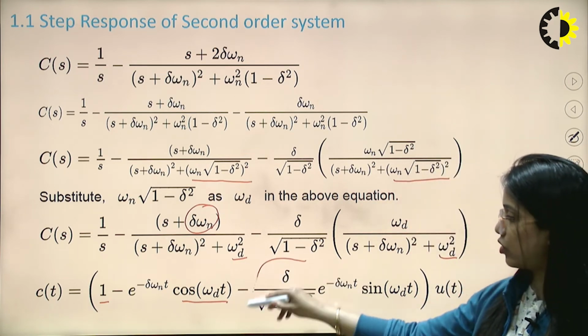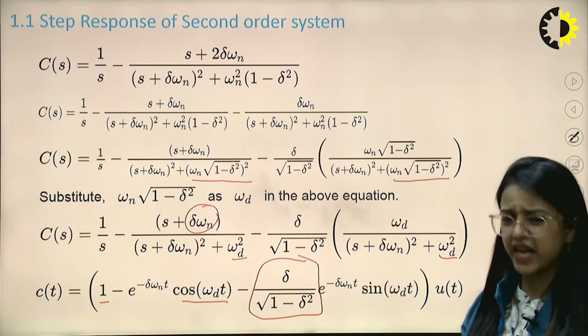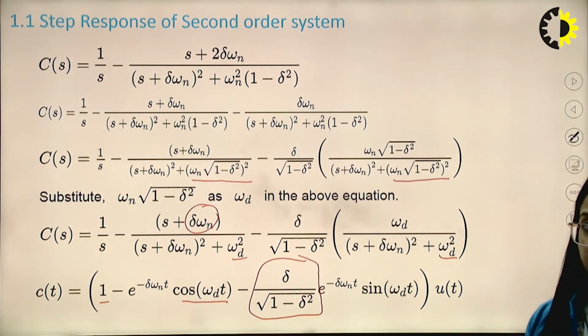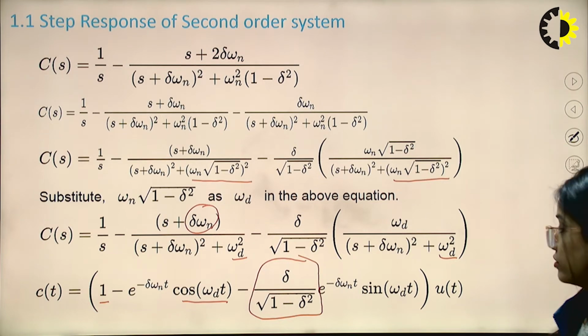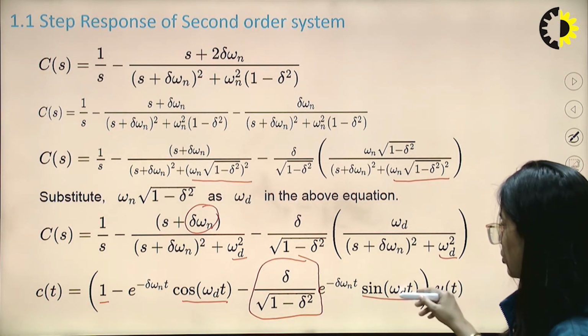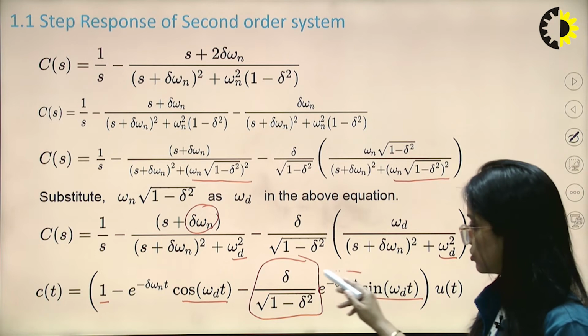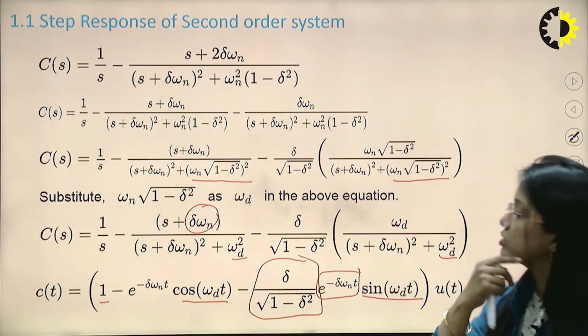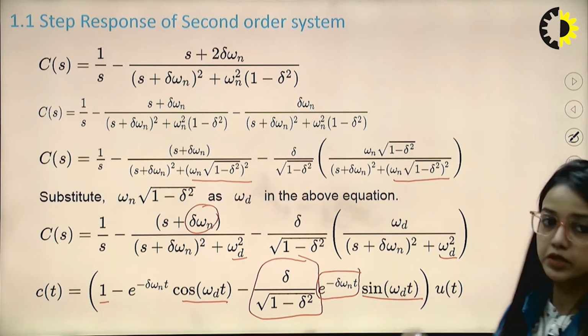This is of course a constant term. In the second term, we see that it goes with a sine function, sine omega d t, and e raised to the power minus zeta omega n t. So this is the required output equation.